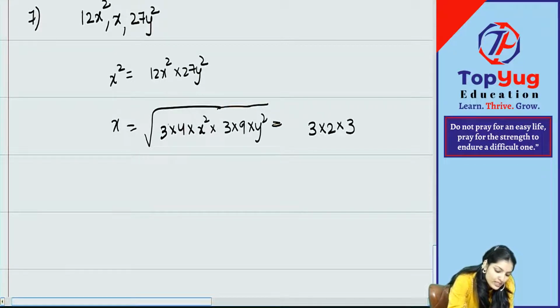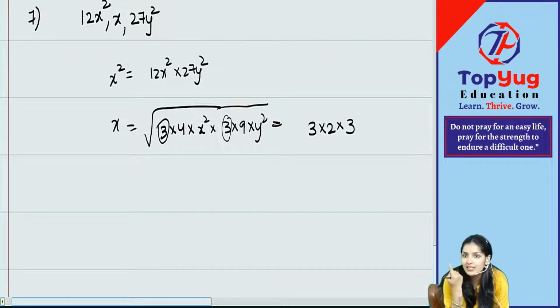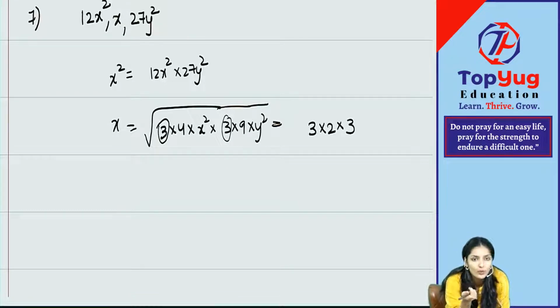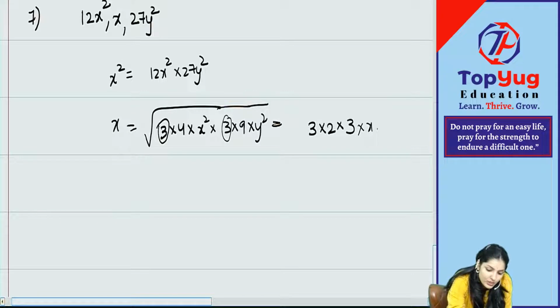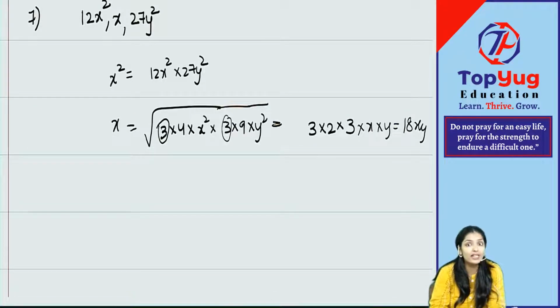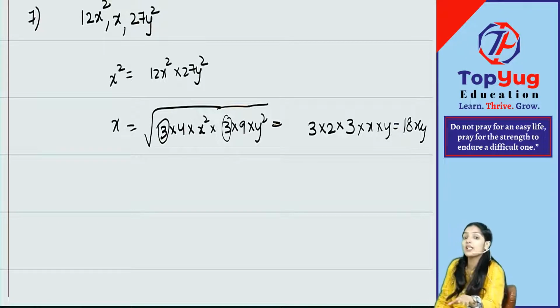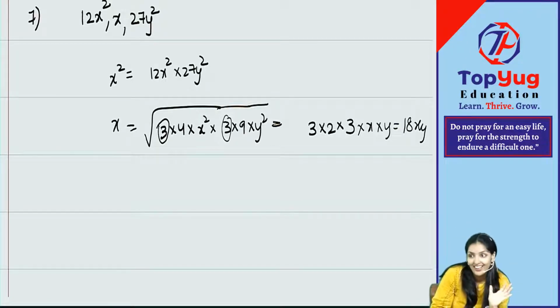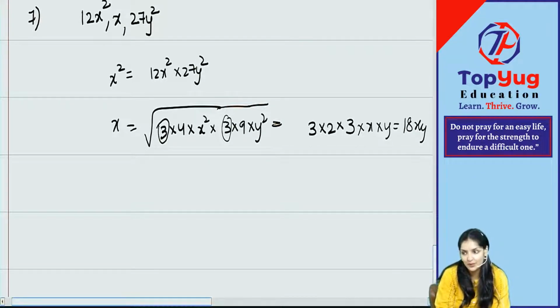Means what I am doing is, this 3 and this 3, I am considering it as square and then cancelling one. 9 ka would be 3 only, 4 ka would be 2 only. And the remaining x into y. So basically 18xy. I still advise you to use calculator. If we do not have calculator by any chance, or in the exam time पे calculator गिर के टूट गया, then you can use this. आया समझ में? Good.